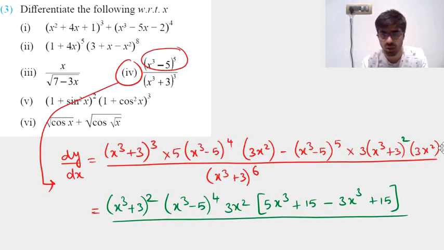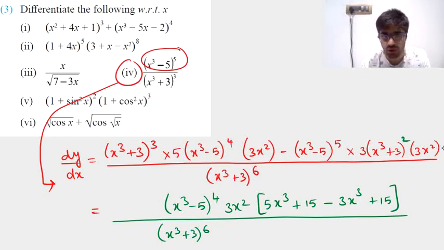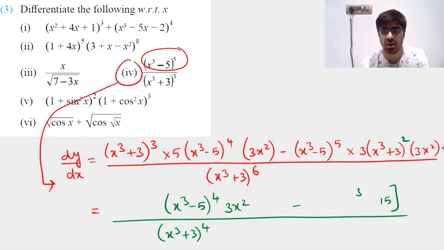And in the denominator you are left with (x cube plus 3) the whole power 6. This term and this term get cancelled with each other. So (x cube plus 3) the whole power 4 is what we are left with in the denominator. And let's simplify this. So that's going to be 2x cube plus 30, and you can pull out a 2 common.